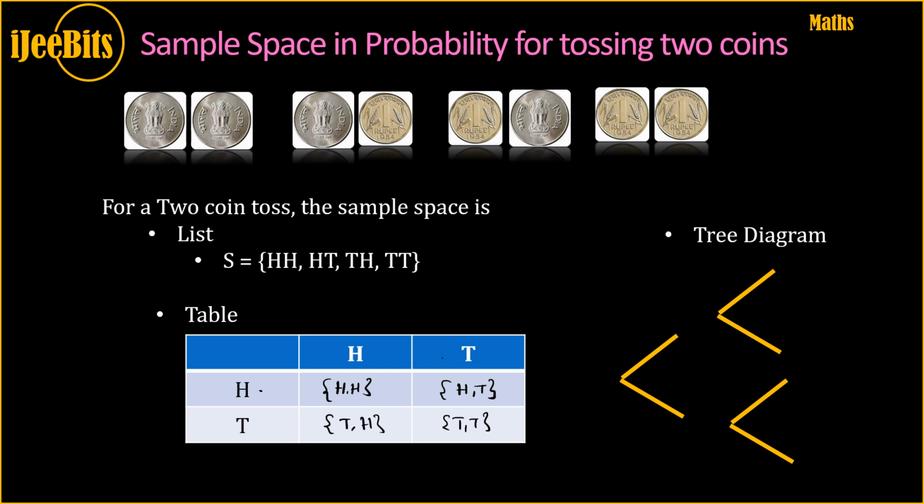Okay. So now we have seen the list and the table, but there is one more option called a tree diagram, which is even more useful for calculating probability. Let's look at how that arises. Let's say you are here and you are flipping a coin.